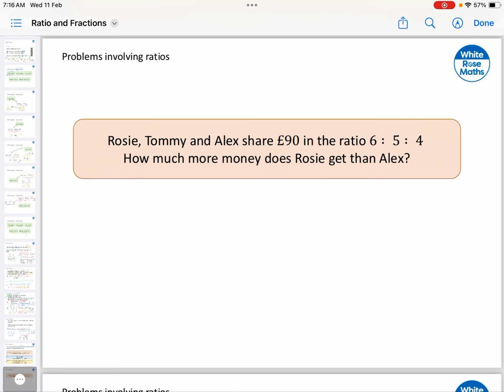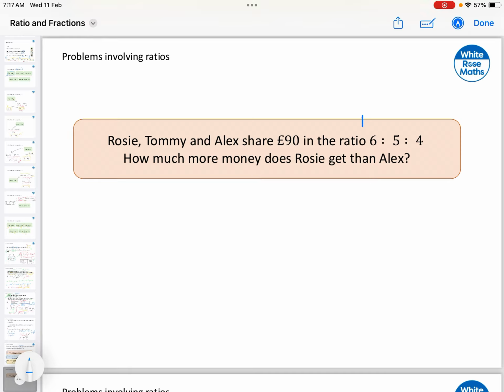So let's see. It says Rosie, Tommy, and Alex, they're sharing 90 pounds in the ratio 6:5:4. And how much money does Rosie get more than Alex? Take a look that whenever we read a ratio, we're going to assume that 6:5:4 is the same order provided for their name.